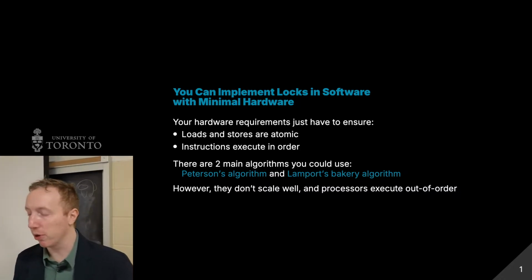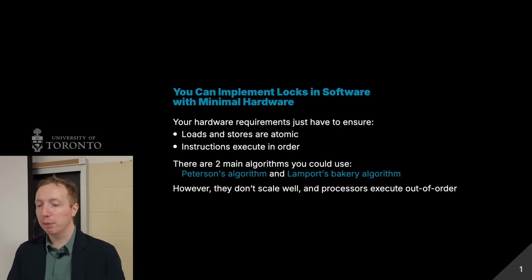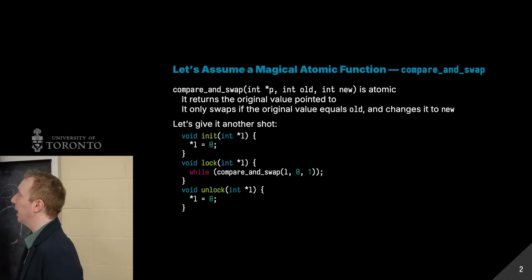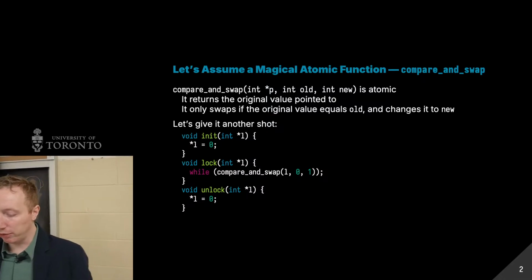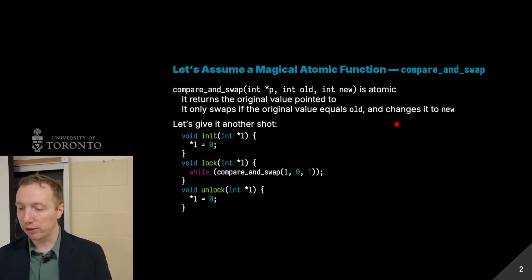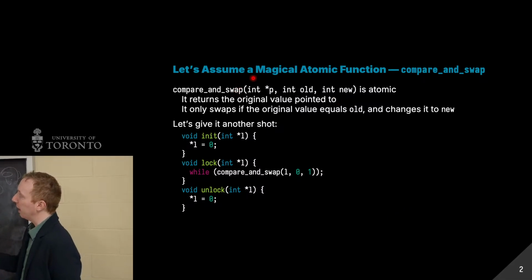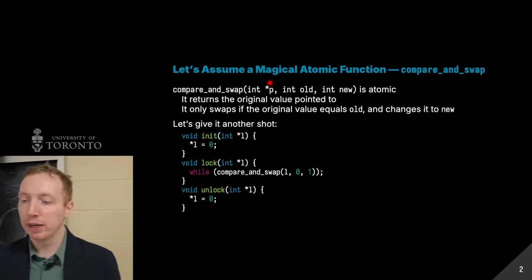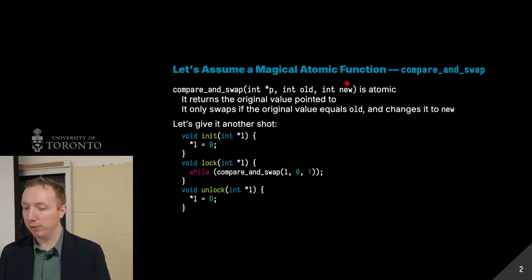We need some more atomic instructions that we can actually use to implement a lock. So let's assume a magical atomic function called compare and swap, and its function arguments look like this. The first argument is a pointer to an int whose value it's trying to modify, and it's trying to change the old value to the new value.